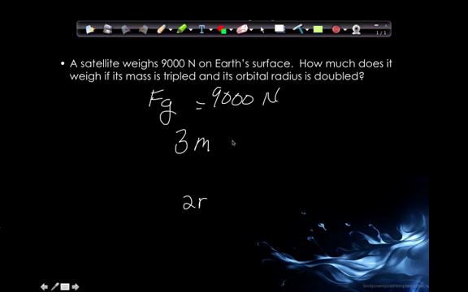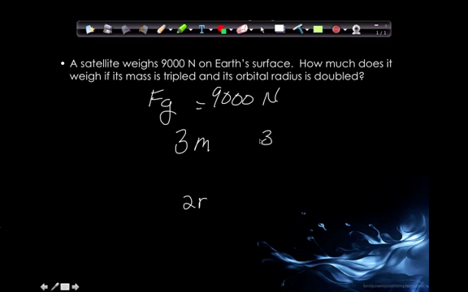If we go back a few slides, we talked about how mass affects the force of gravity. We said that mass is proportional, so as one goes up, the other one goes up. If the mass is going up by a factor of 3, so should the force of gravity.